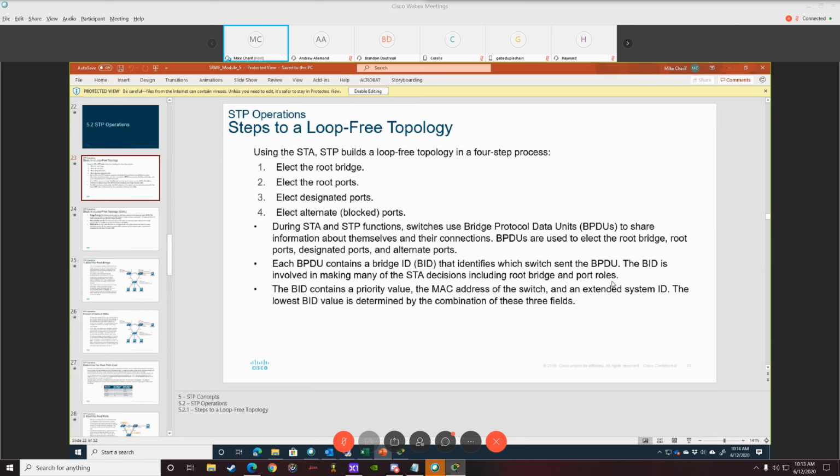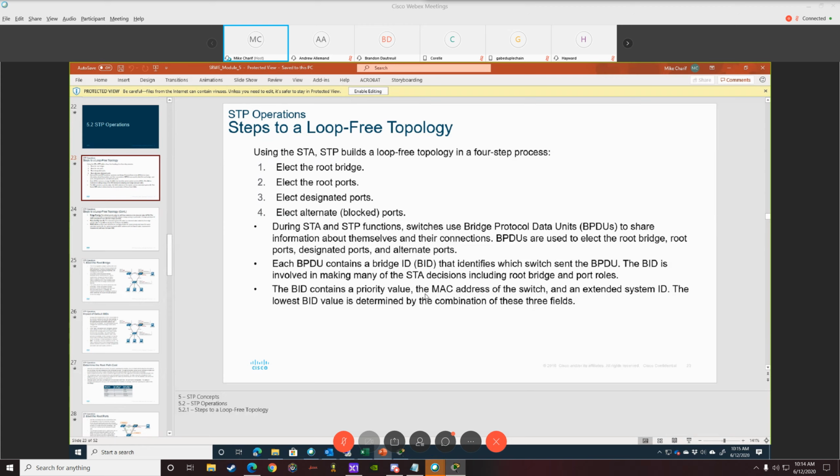Like I said, that's what they say here. The BID contains a priority value, the MAC address of the switch, and the extended system ID. We'll talk about this one in a few seconds. Let's talk about this one first.